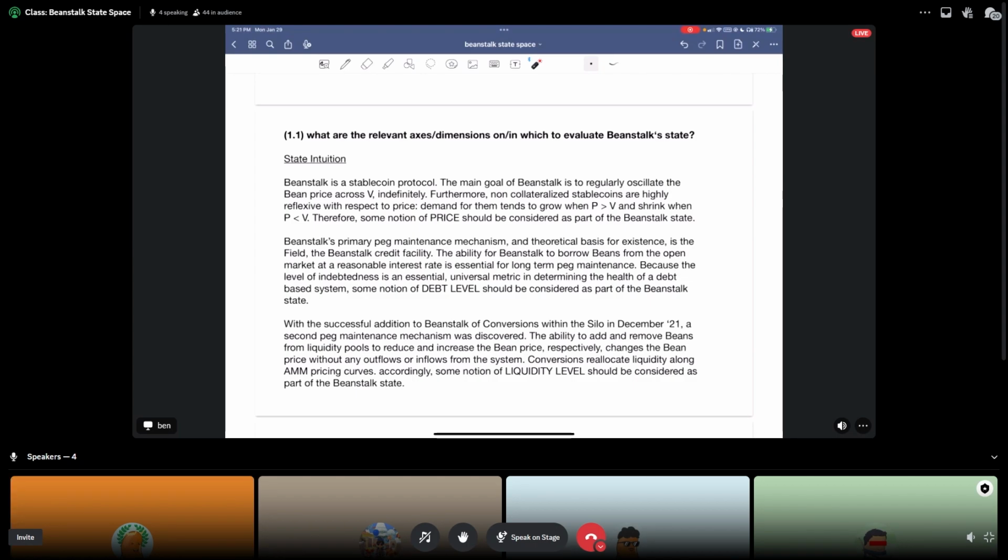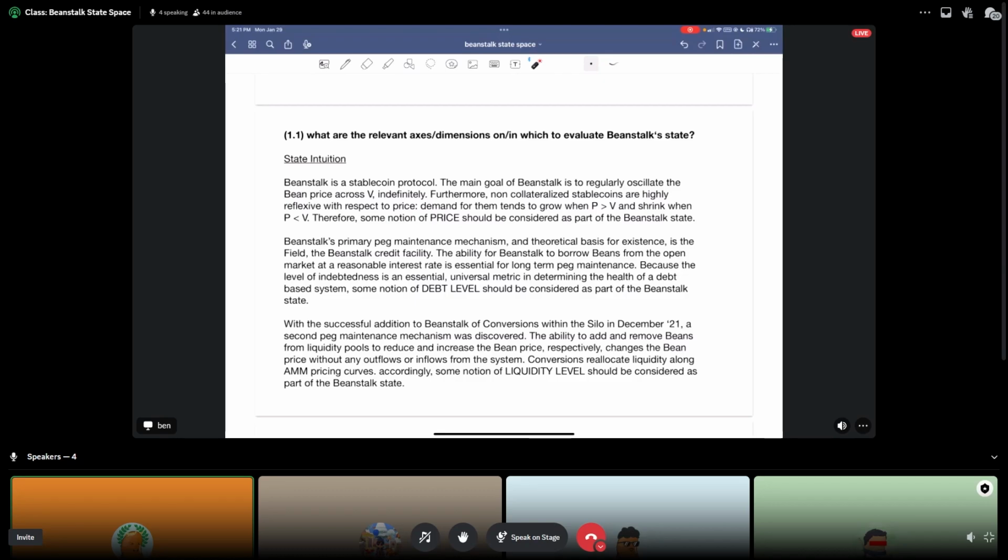And it's hard to know what is the right metric for debt level per se, which that discussion will happen shortly. But very clearly, because Beanstalk is a debt-based system, some sort of notion of the debt level of the system is a good idea for Beanstalk to use to determine its health or its position in space, which is a proxy for its health in the grand scheme of things.